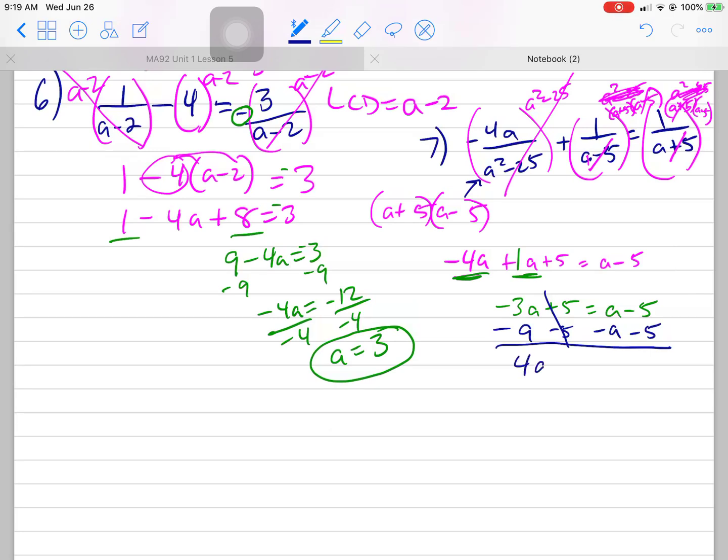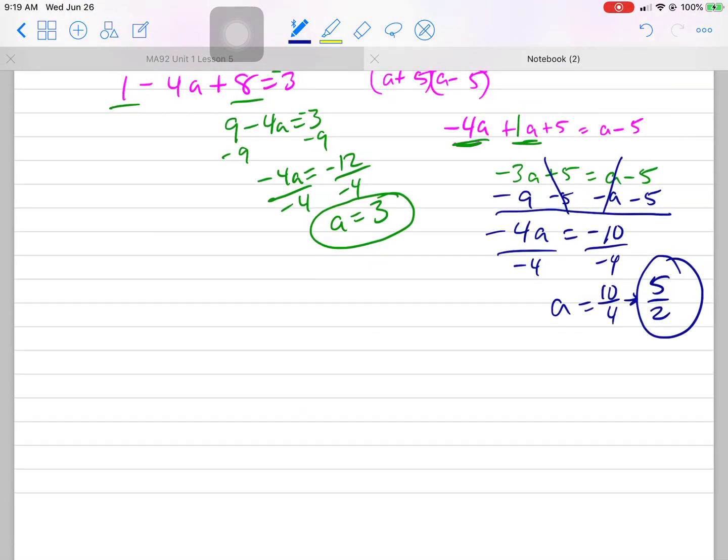You're going to get negative 4a equals a negative 10. Divided by a negative 4 is a equals 10 over 4, which is the same as 5 over 2. Don't forget to reduce at the end. All right, that was number 7. Let's see if we can fit number 8 on here. Number 8's extremely similar.